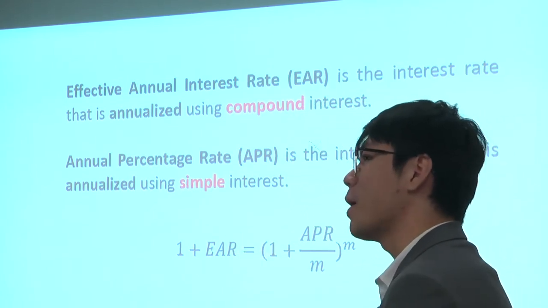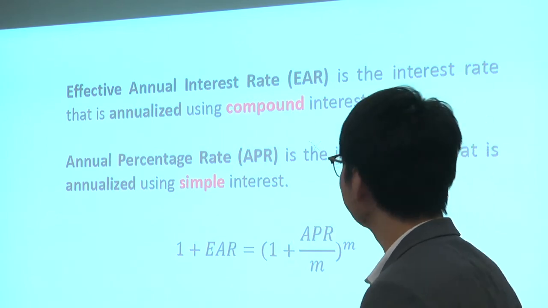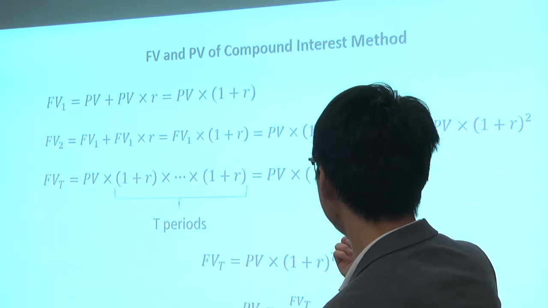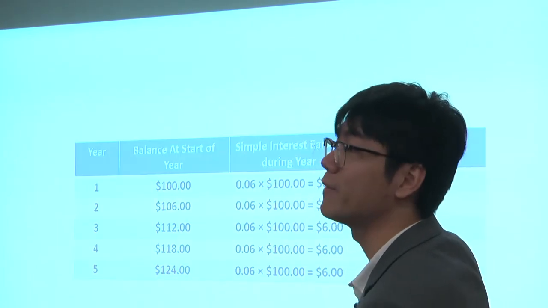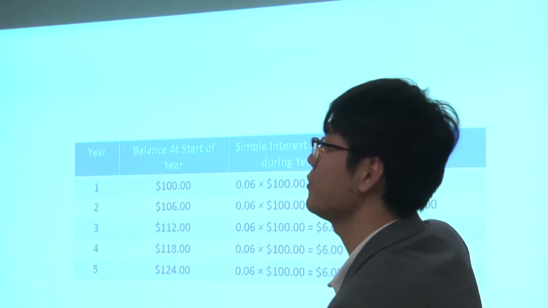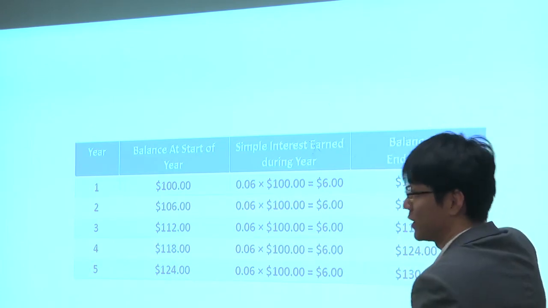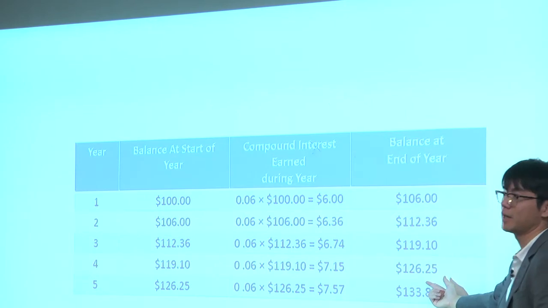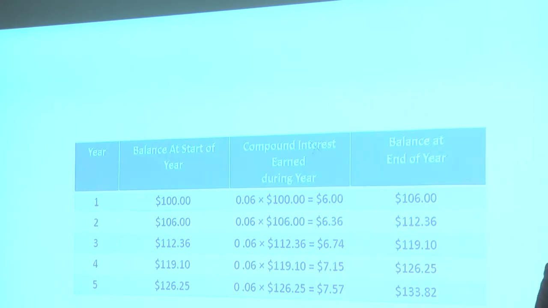But if we're using compound interest, things are different. Right? You know, because we had simple interest and compound interest before, right? They generate different values. Okay? Simple interest, $6 a year, $6 a year. But with compound interest, you earn interest on interest. So when you owe the bank or credit card company money, you're paying compound interest.